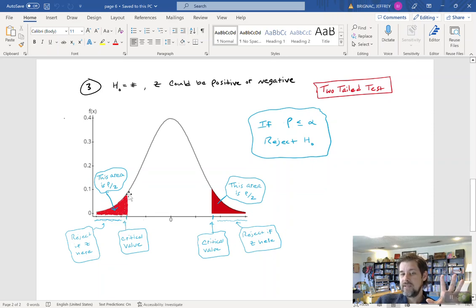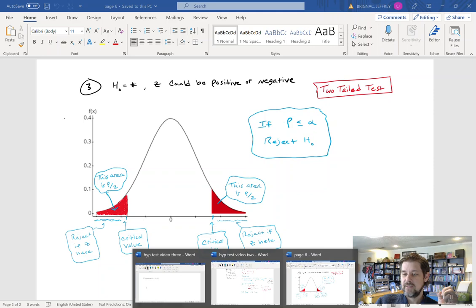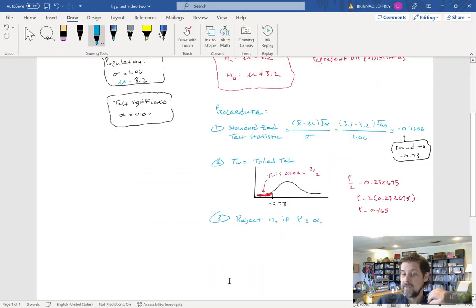Then we calculate the area to the left of that if it's a negative number, or the area to the right of that if it was a positive number. That area is P over 2. Then we double that to get P, and if P is less than or equal to alpha, we reject H naught.